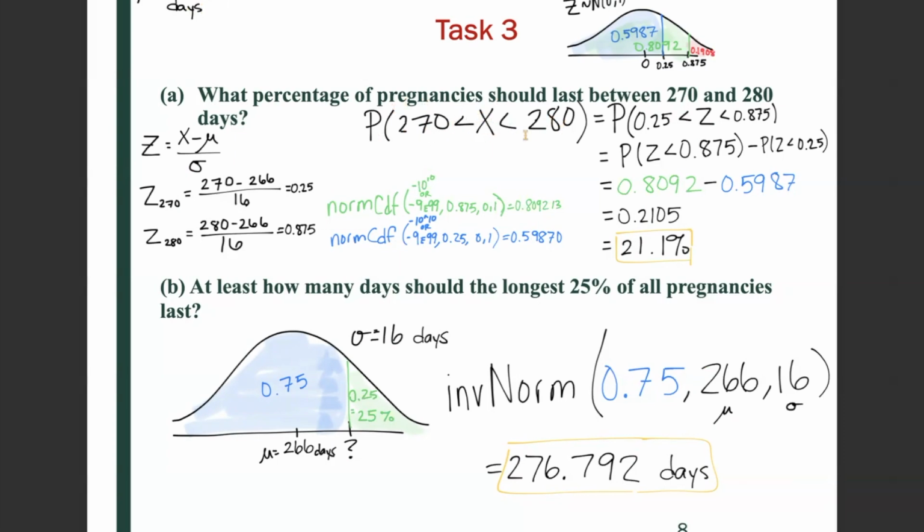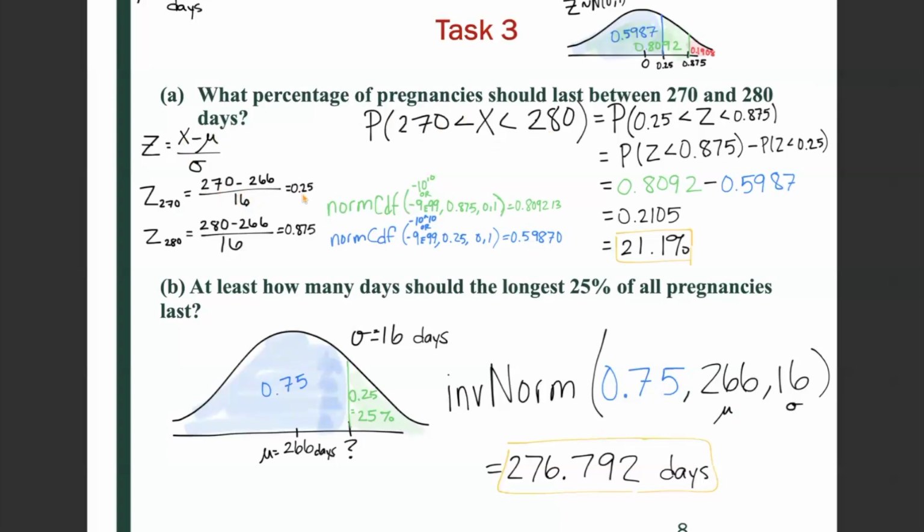We can set this up here, and to get practice with using z-scores, I found the z-scores for each. I first standardized these. To standardize into z-scores, the z-score of 270 is x, which is 270, minus the mean, which is 266, divided by the standard deviation, which is 16.